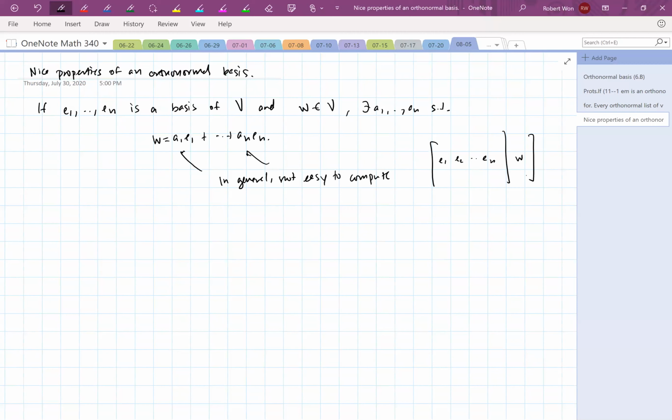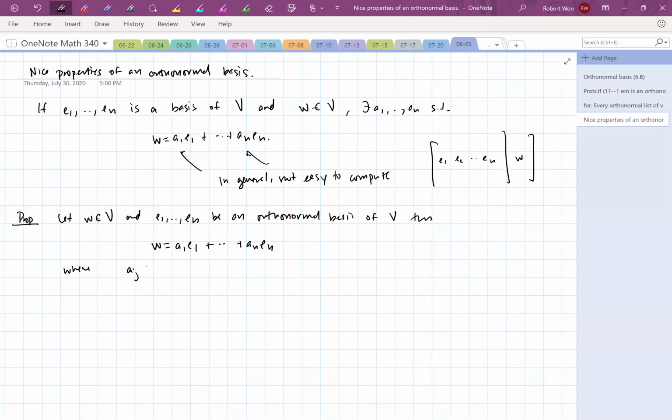However, if you have an orthonormal basis, it turns out that it is easy to compute the scalars. So let w be a vector in V, and let e1 through en be an orthonormal basis. Then we know that there's one and only one way to write w as a linear combination like this, where aj, how do you get the scalar?